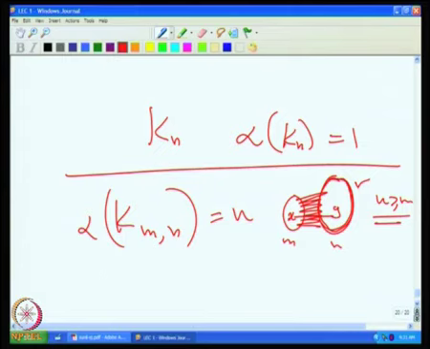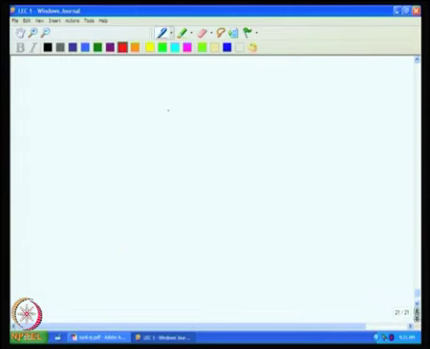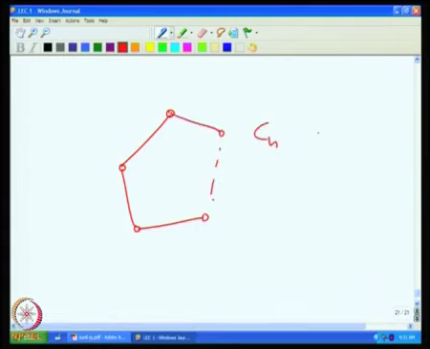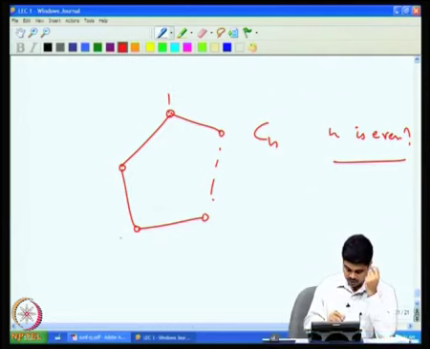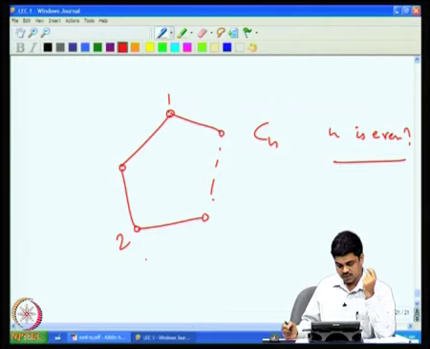Now, of course, we can also ask what is the biggest independent set in a cycle Cn. When n is even, of course, we can take vertex 1, then vertex 3, and so on, skipping alternate vertices.